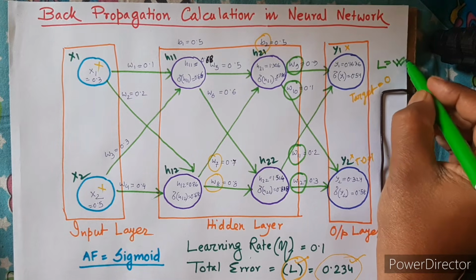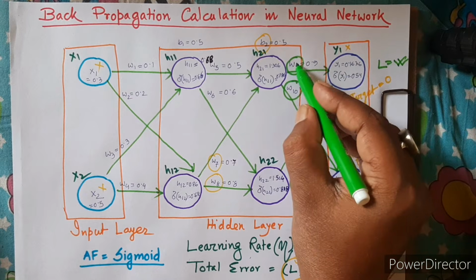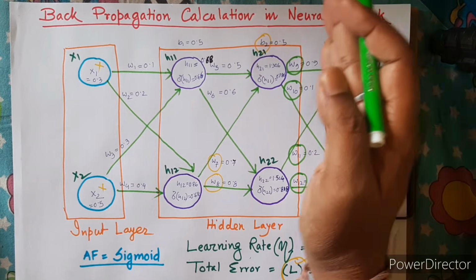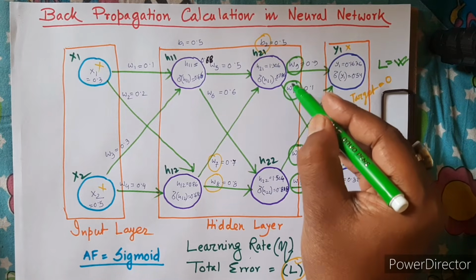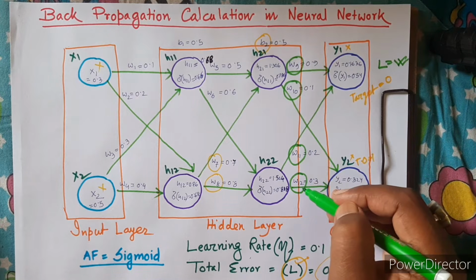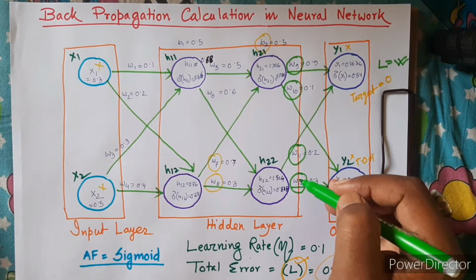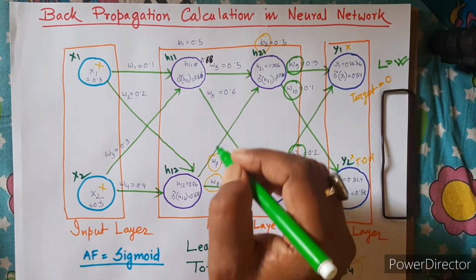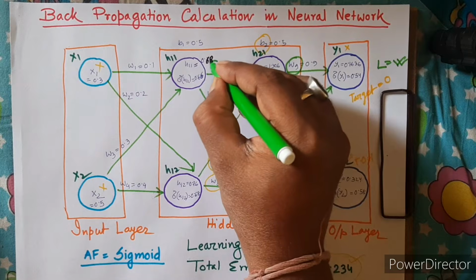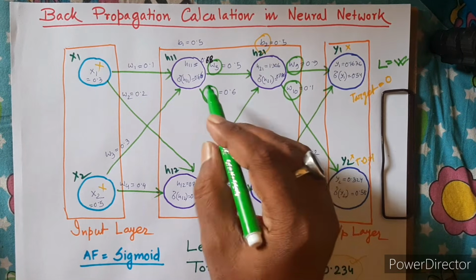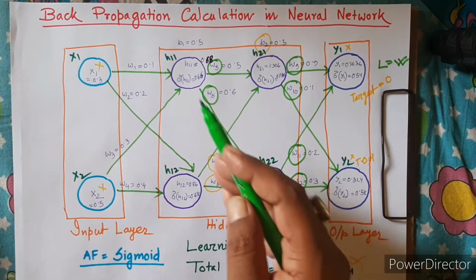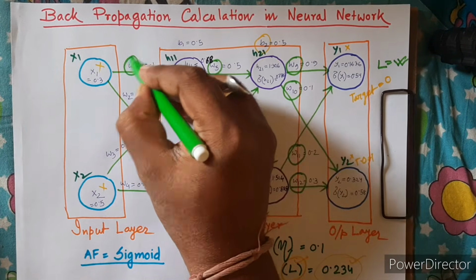So now I will calculate for the first layer which is nearer to the output, what will be the new value of these weights. Then I will calculate for the next layer, let's say these two. I will explain why I just take this set, and then at the end I will check for this.